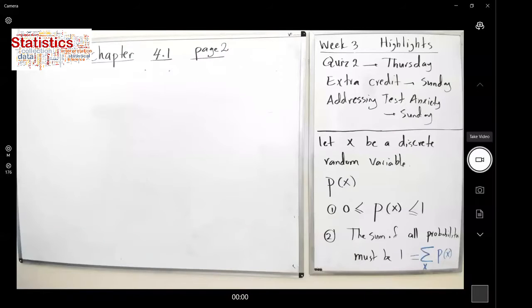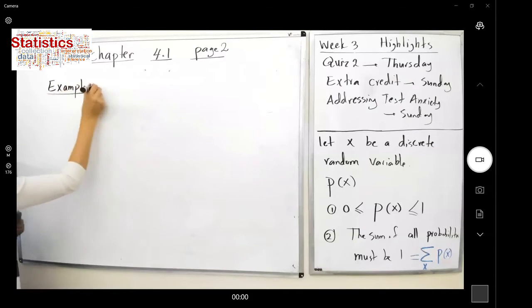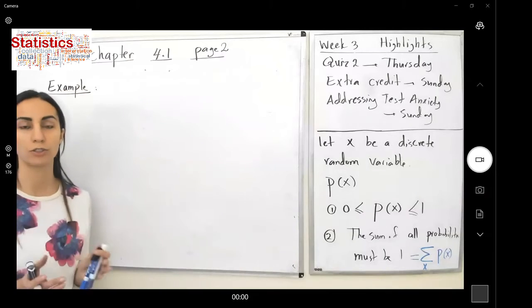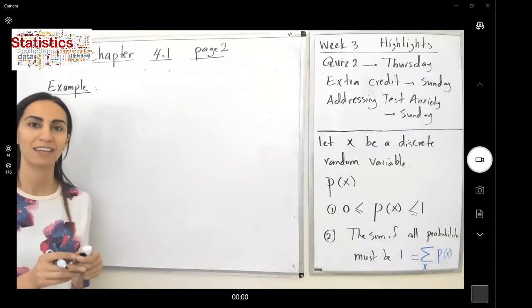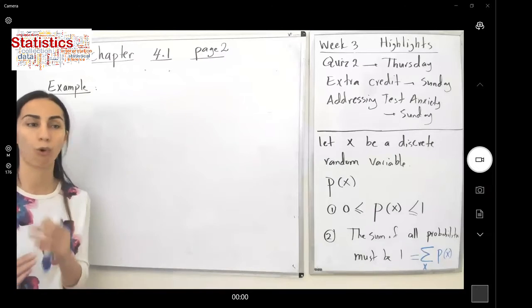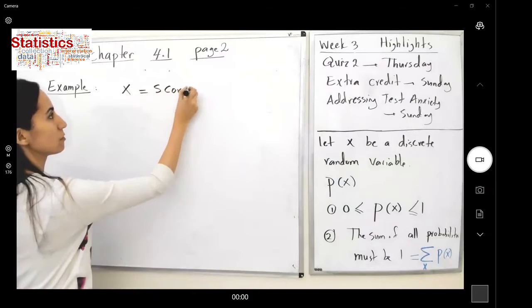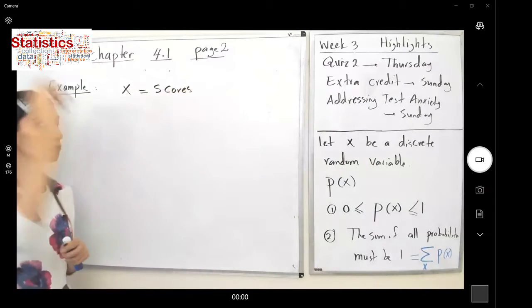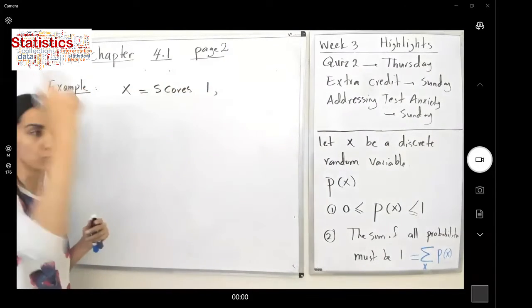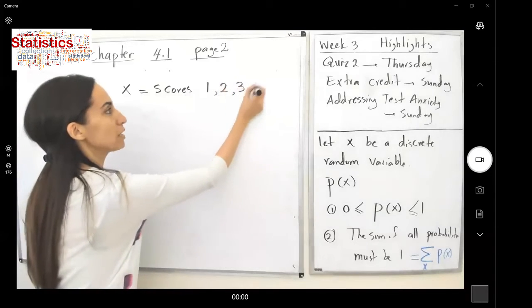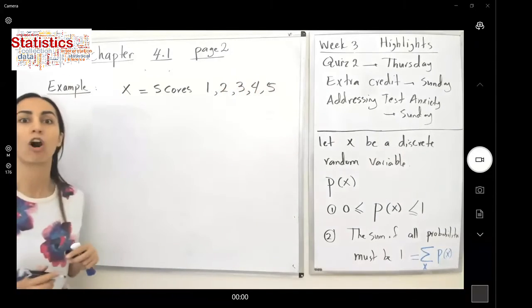Very well. So let us write down the information about this example here. So first of all, note that your X is representing scores. These scores can be 1 or 2 or 3 or 4 or 5.